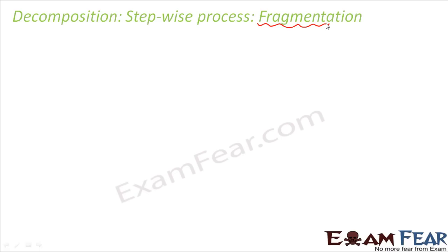So let us see what it means in terms of decomposition. Here the detritus, that is the dead plant or dead animal remains, is broken down into comparatively simpler particles.